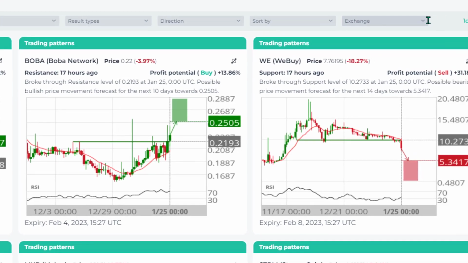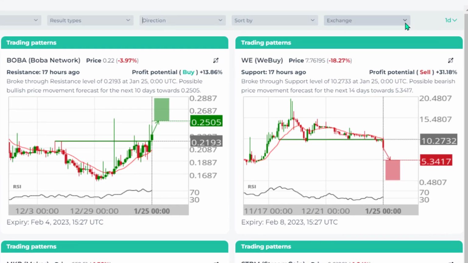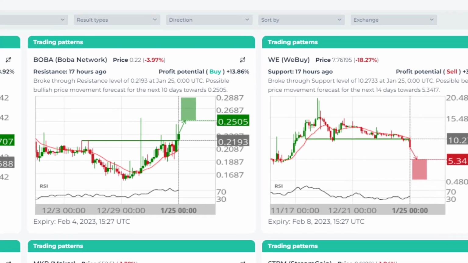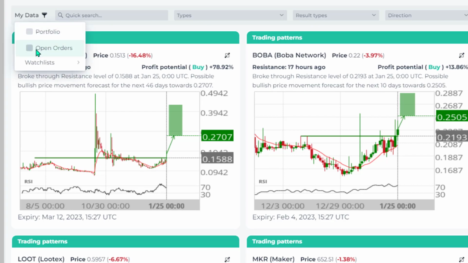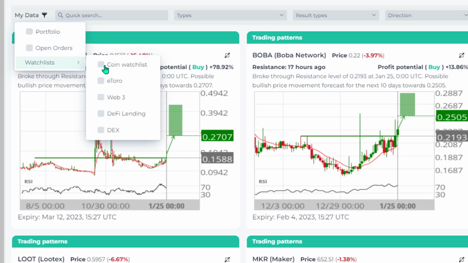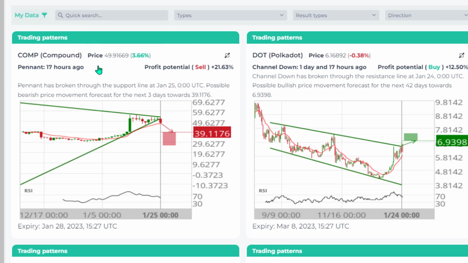You can also pick which exchange you want it to sort by, or even sort by your own current portfolio or watch list. So for example, if I just want to look at everything that's on my watch list, I select and sort it by my watch list that I had created earlier.